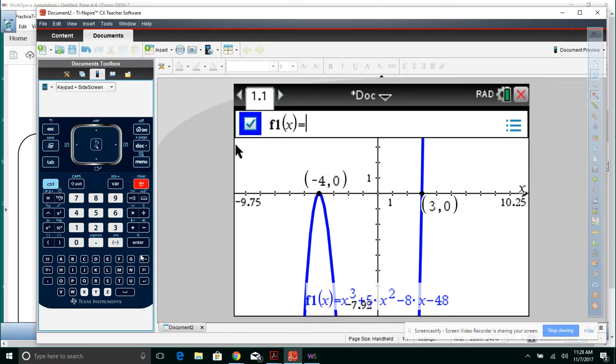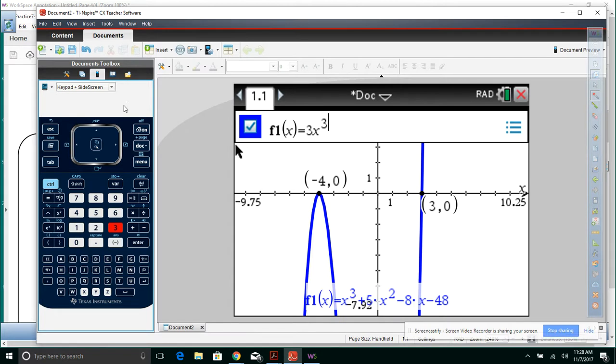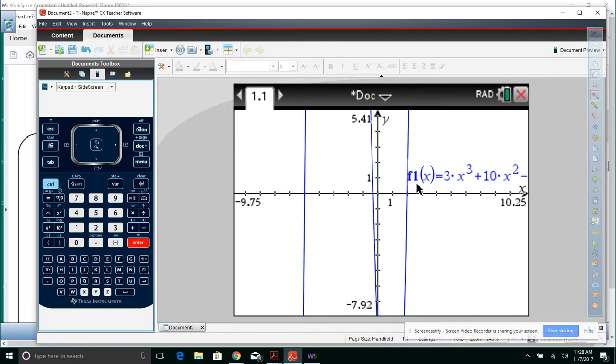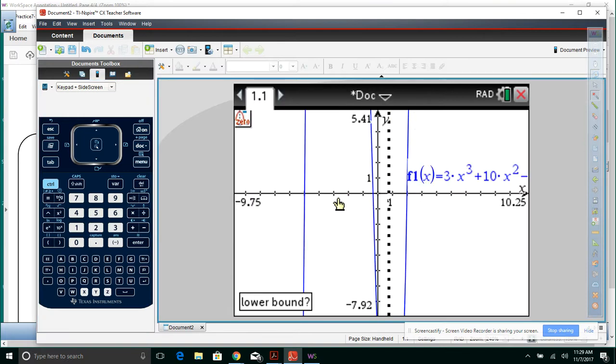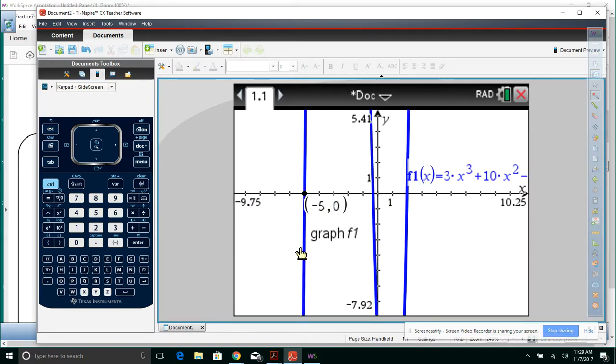And what do we got? We've got 3x cubed plus 10x squared minus 27x minus 10. Press enter. We got 3. Menu 6, 1, negative 5.